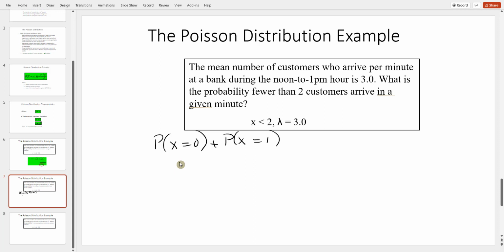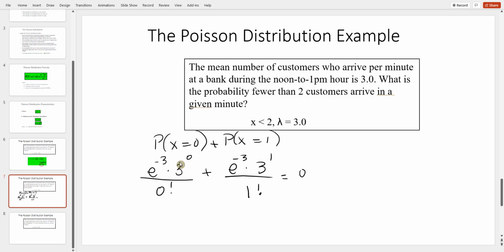So you can do this by hand. The thing is, you have to do each one of these probabilities. So I have this for x is equal to 0, and I'll have this for x is equal to 1.